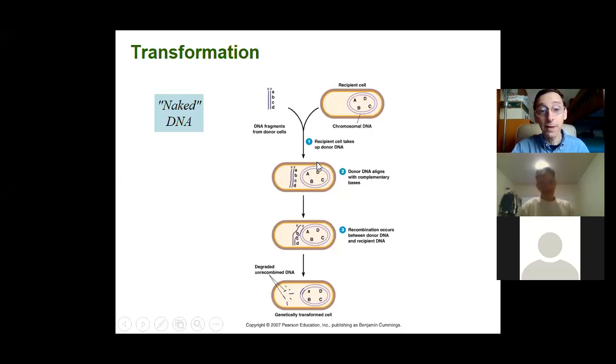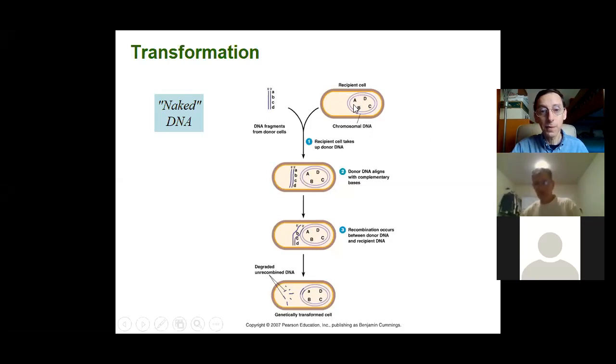Anyways, the recipient cell takes up the naked DNA, and then part of it or all of it can recombine with the chromosome, and then this cell can get new genes that this cell did not have. Like this cell had the capital A gene before.